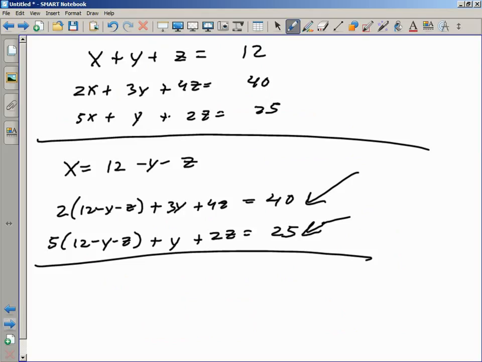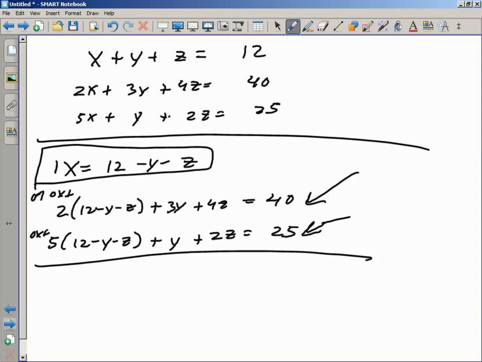But I want rid of him. He's causing too many problems. So that's what we're really trying to do, right? You're trying to get rid of him in these other two equations. So essentially, you want 0x plus this and 0x plus this. And then here you want a 1x, because 1x is going to actually tell you, when you figure out what y and z are, what the values are.